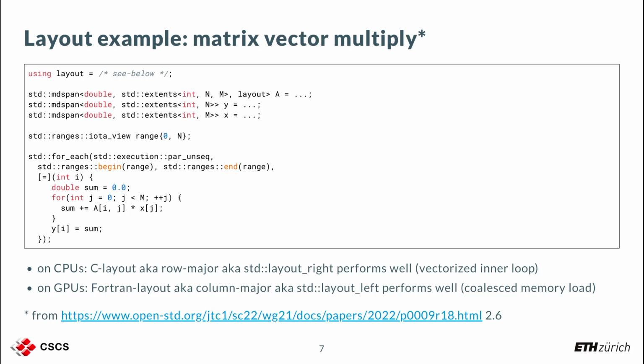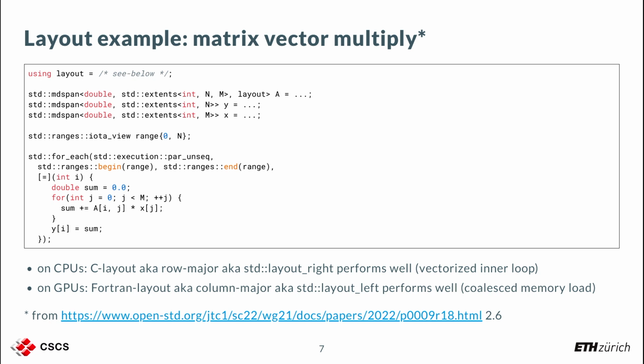Like on CPUs, you probably want to use C layout because then the inner loop here is vectorized. On GPUs, because of coalesced memory access, you want to use a Fortran layout. So basically, the only thing that you need to change in this algorithm is the layout for your 2D matrix.